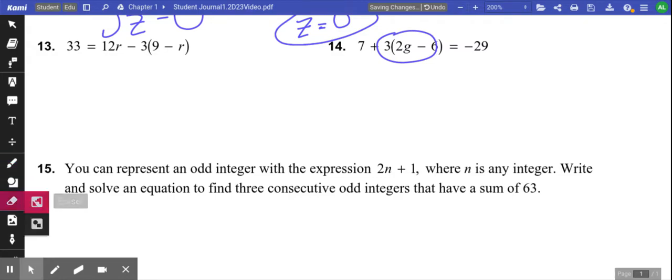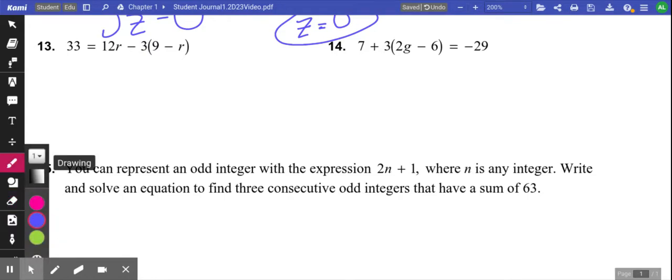Then we can deal with combining any like terms. So first I want to distribute. Here the 3 is going to go with that 2g, and the 3 is going to go with that negative 6. 3 times 2g, you multiply the 3 and the 2, so we get 6g. The 7 doesn't change.